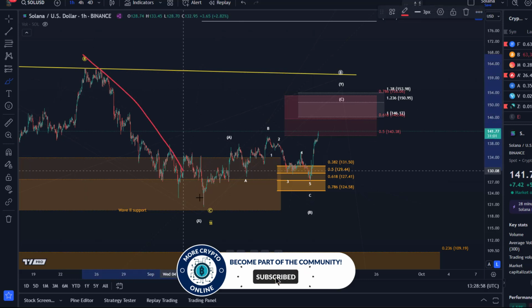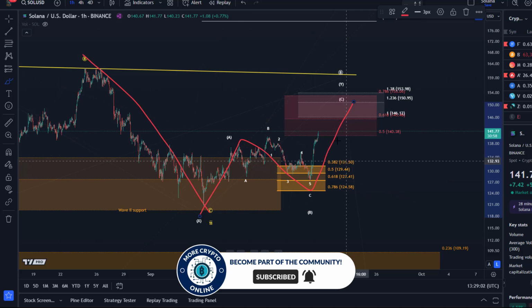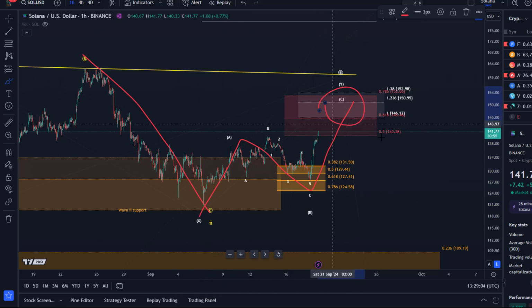We have the move down and the move up here, called an ABC structure. And there is a retracement level, the golden ratio level at $145.46, that overlaps with the $146 level, the 100% extension. So there's a good overlap of a couple of levels.